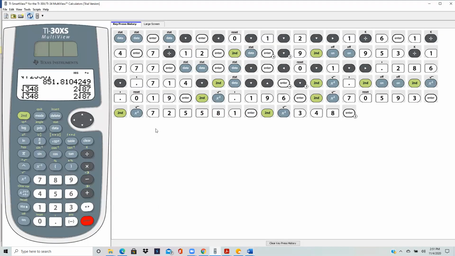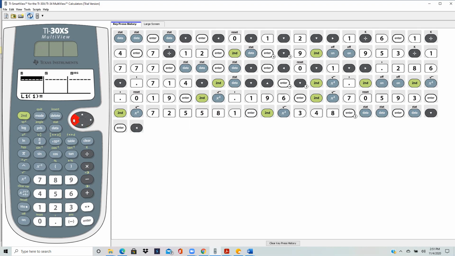Let's do it. So clear the data first. Data, go to 2, enter to clear. Now it's been cleared. The first column was 0, 1, 2, 3, if you remember.